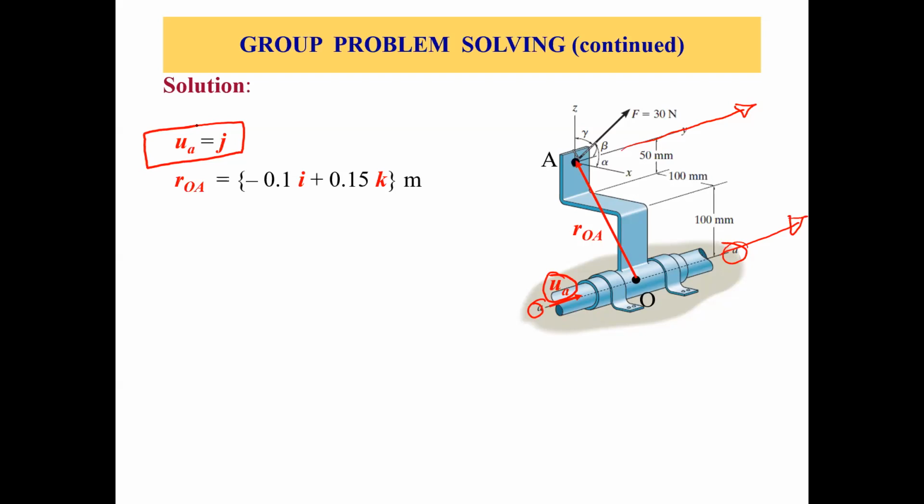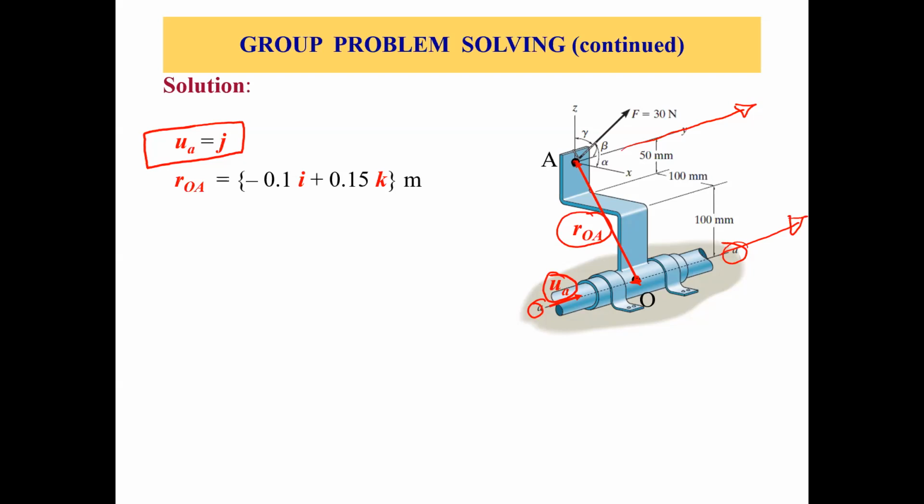Now we need r_OA, the position vector from point O to point A. Same thing, tip minus tail rule. Here A is the tip, O is the tail. You have the distances given. Just remember that we are in 3D space.